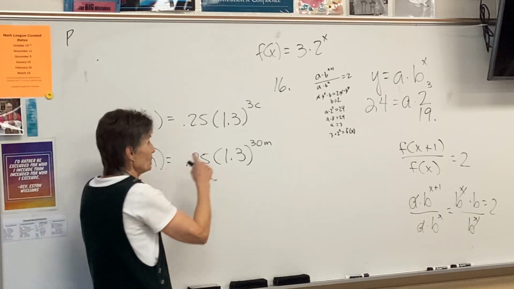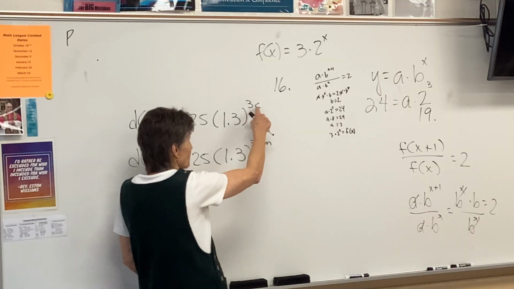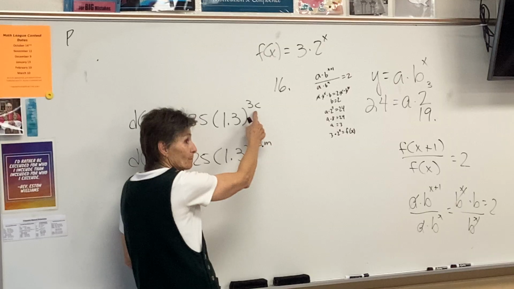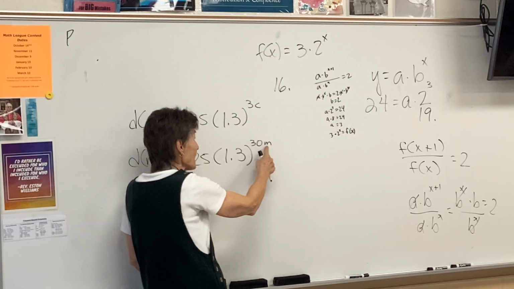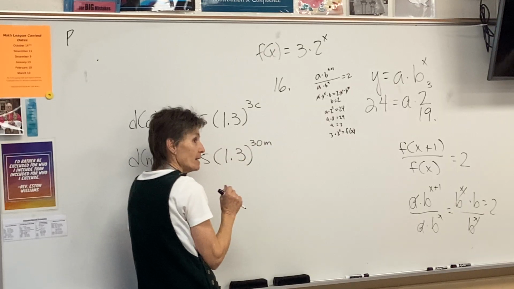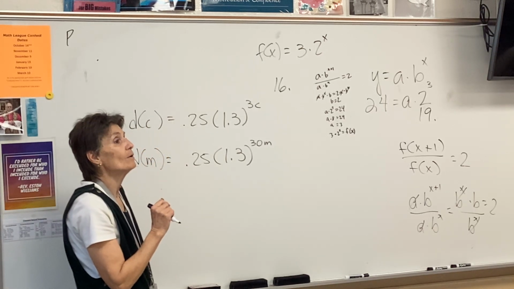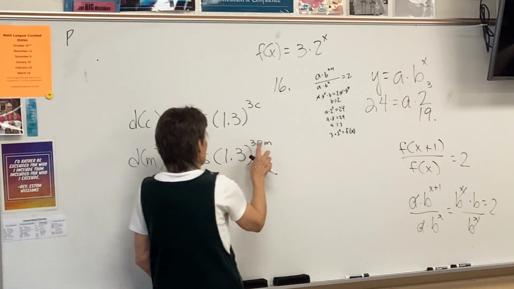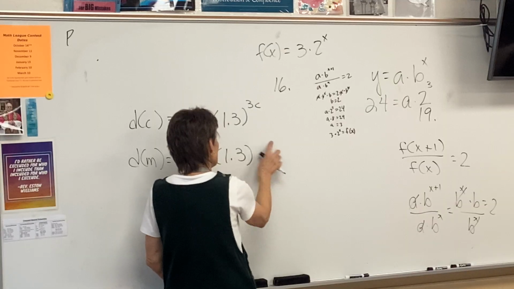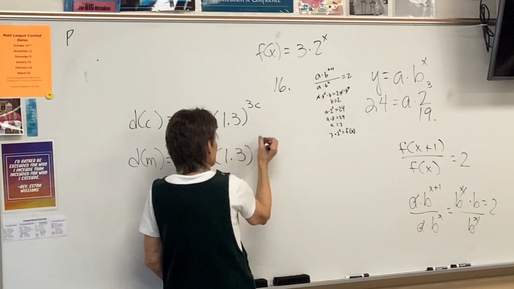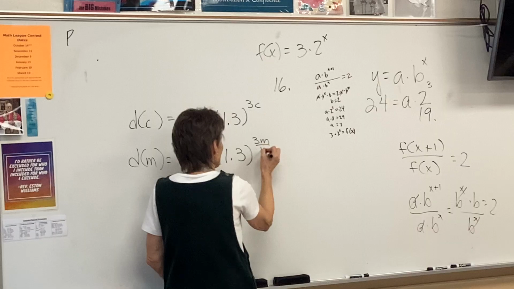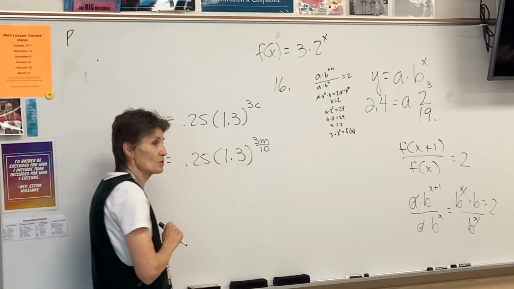Kids, if I put a 1 here, that exponent's gonna be a 3. If I put a 10 here, that exponent's gonna be a 300. My bad. Maybe we should divide, and if we divided that by 10, maybe it should look like this.